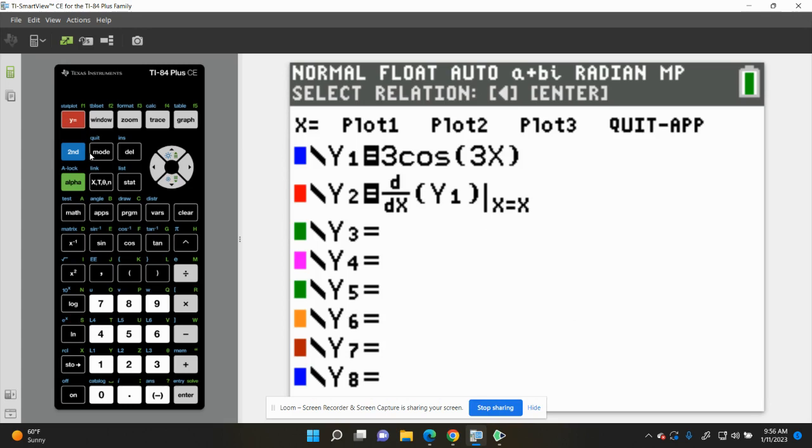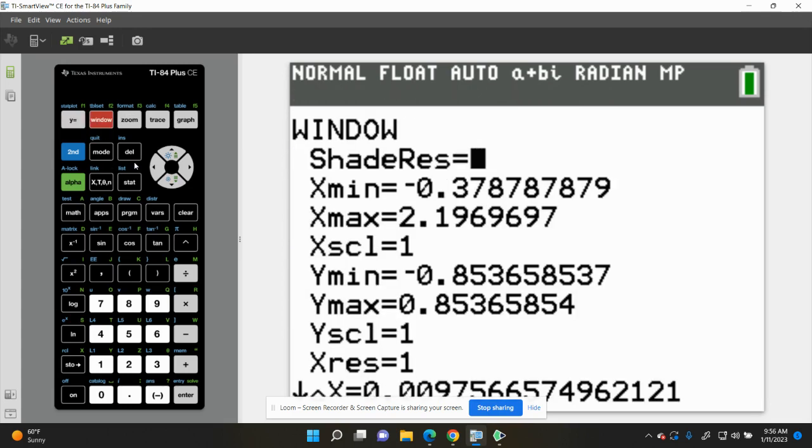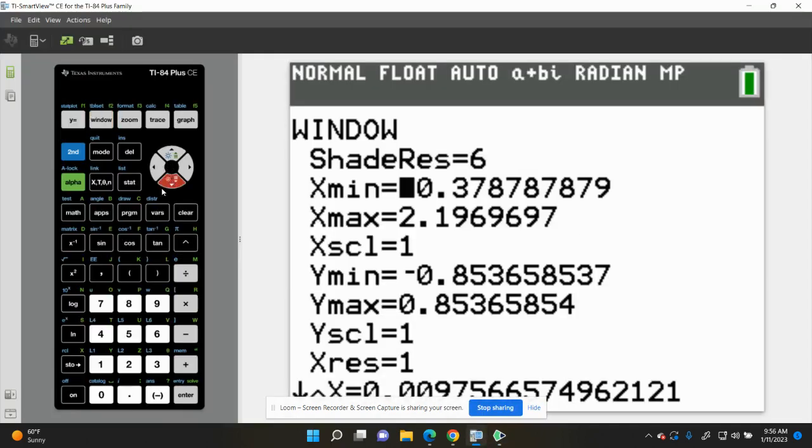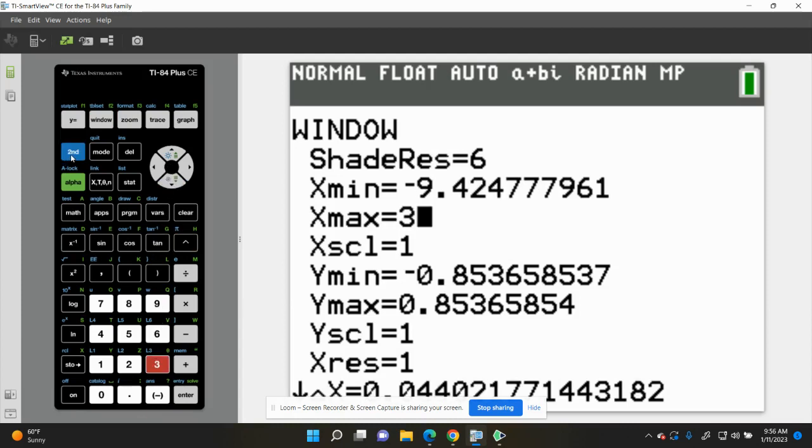So how am I going to adjust my window? What should the window values go from? Negative 3 pi to 3 pi. Yeah, I think so. Okay, so let's see. Negative 3 pi to 3 pi.